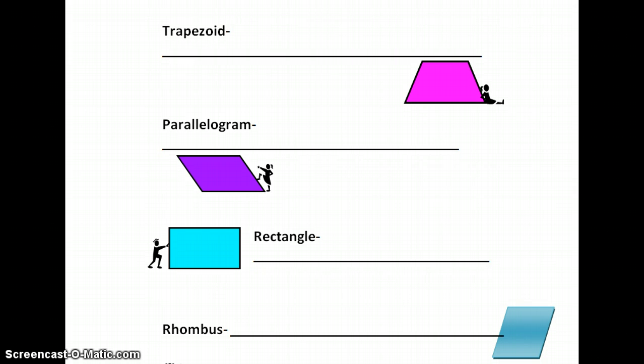We're just going to quickly go through these definitions. If you just want to Google these on your own, that is quite all right. If you want to follow along with me, it works out the same way. Okay, a trapezoid. A trapezoid is a four-sided figure. It has exactly one pair of parallel sides.